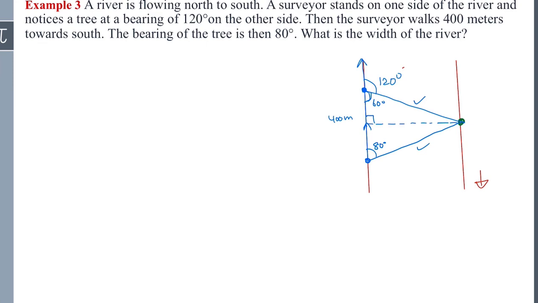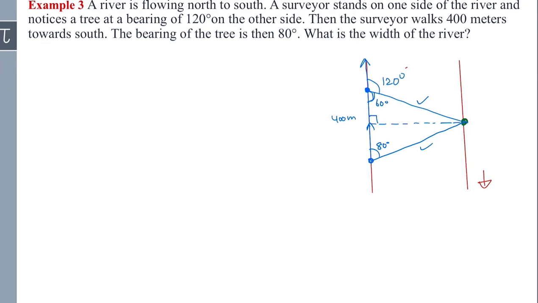If we use the big triangle, with sides A, B, and C, let's find side C using the law of sine. To find side C, we have to use angle C. So we can write lowercase c over sine C, which is 80 degrees, equals 400 meters over the angle opposite from there, this angle.